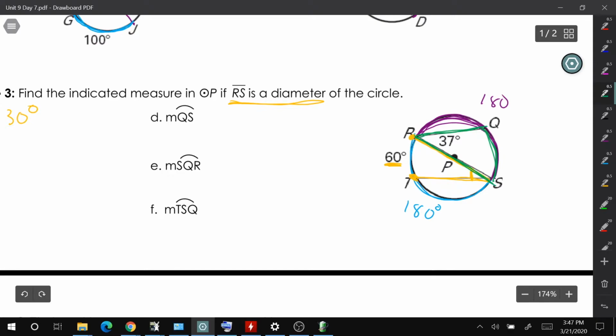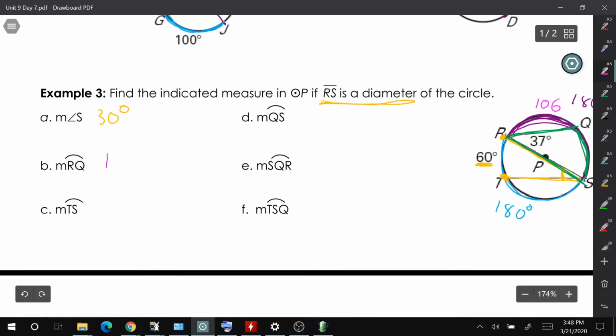The inscribed angle is 37, which makes the arc 37 times 2, and that is 74 degrees. So then we can do 180 minus 74, and that would give us 106. So this part right here is 106 degrees.